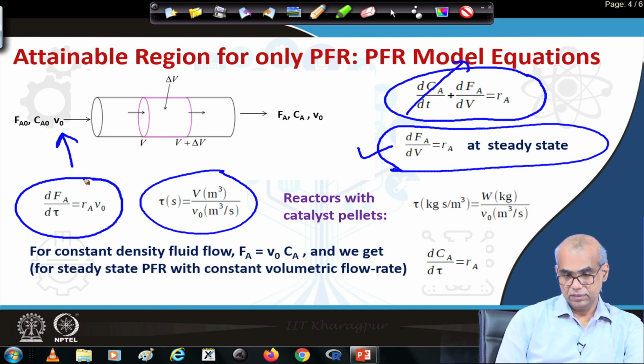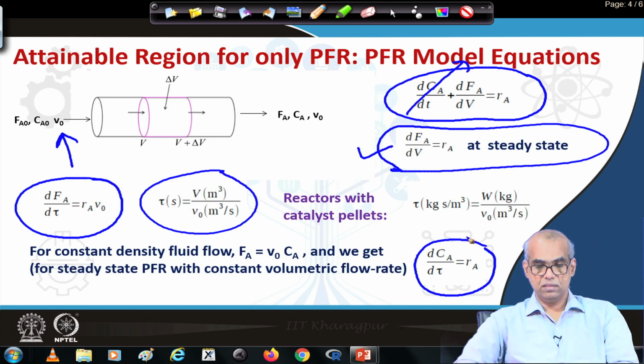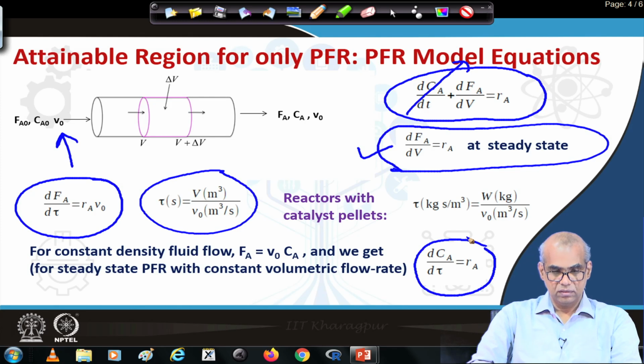Note that for constant density fluid flow, FA will be equal to V0 into CA, and then for steady state plug flow reactor with constant volumetric flow rate, we get the well known differential equation dCA/dτ equal to RA representing plug flow reactor operation.